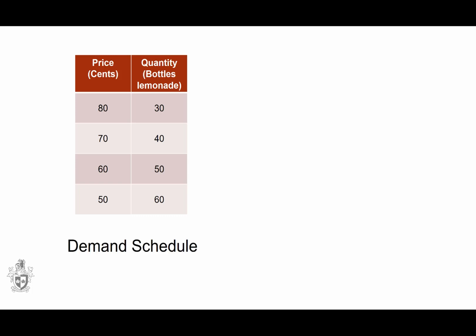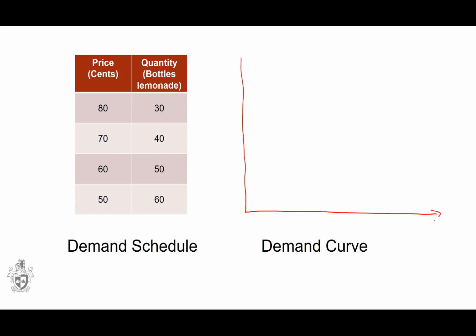We can also put this into a graph, and we would call this the demand curve. To do this, we have price on this axis, quantity demanded on this axis. We can now plot these points.